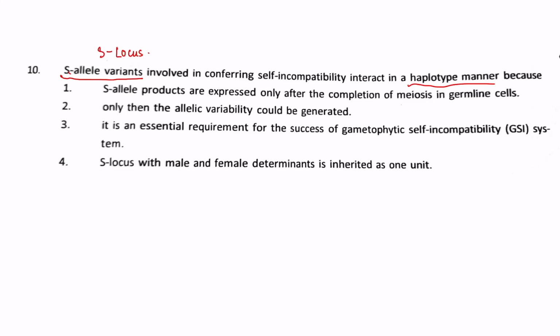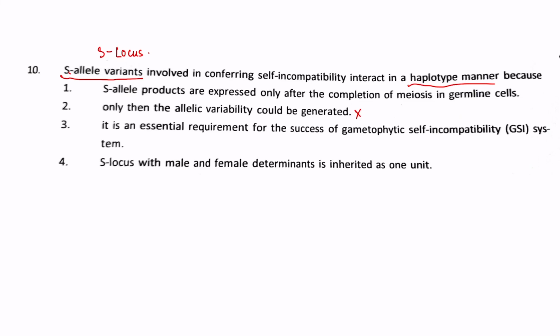I'm not writing it here. Okay, so this S locus is interacting in a haplotype manner, because, is it that S allele products are expressed only after the completion of meiosis in germline cells? It is true, but it is not the reason why it's haplotype. Next, only then the allelic variability could be generated. No, this is wrong. It is an essential requirement for the success of the gametophytic self-incompatibility system.